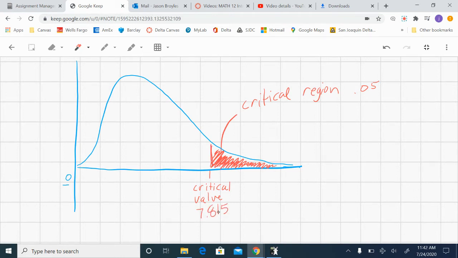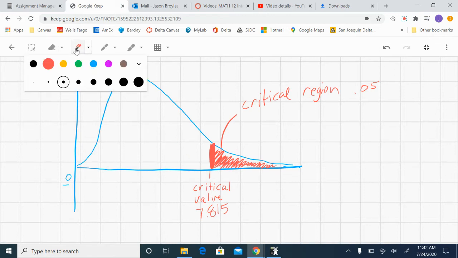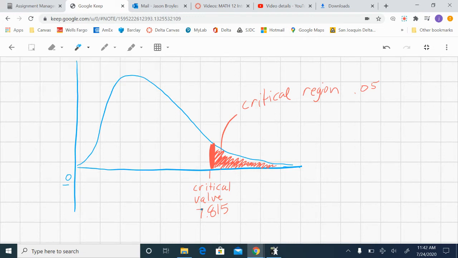That would be this line right here. That's the demarcation of the critical region. Where your test statistic ends up lying is going to tell you whether you reject or fail to reject the null hypothesis. If your test statistic ends up being here, then you say do not reject. If your test statistic ends up being here in the critical region, then you reject the null hypothesis.